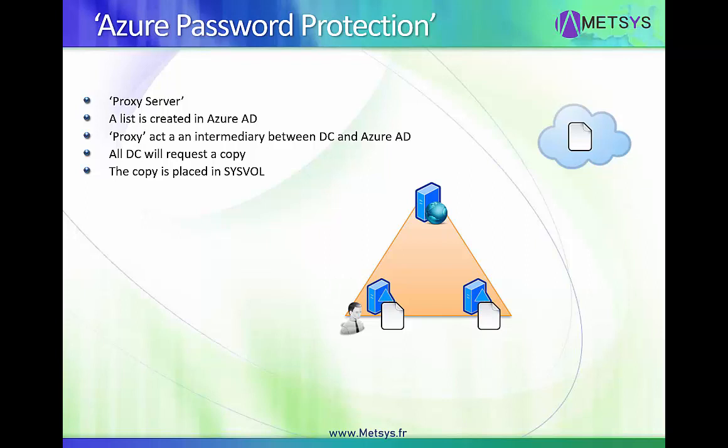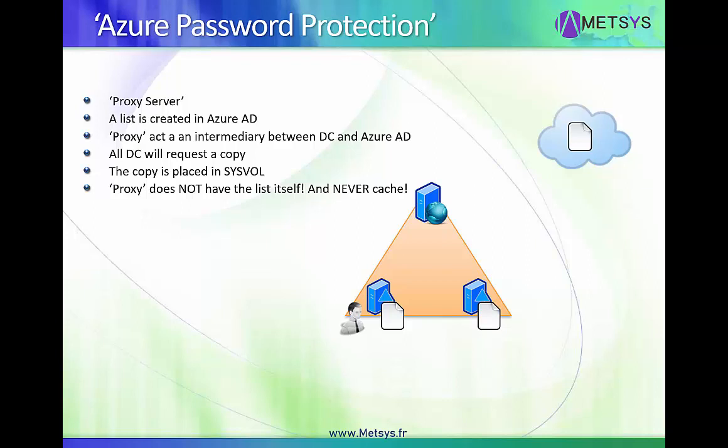The point to keep in mind here is that the proxy server will never have the list itself and will never cache the list itself. So the domain controllers will talk to Azure on behalf of the proxy server. It's quite fair because most of the time domain controllers do not have access to the internet.